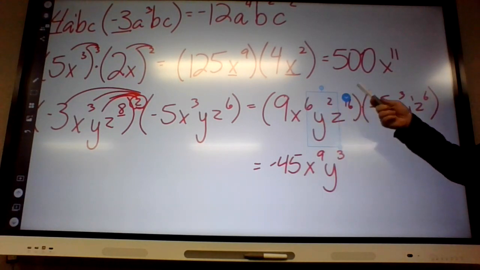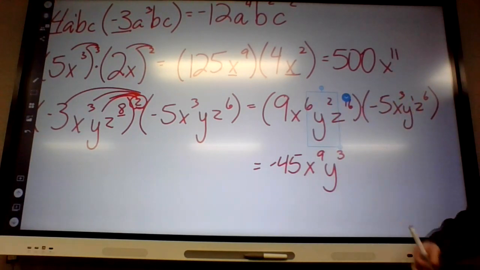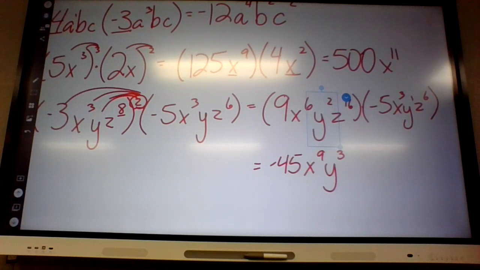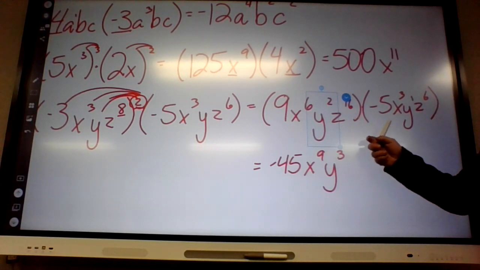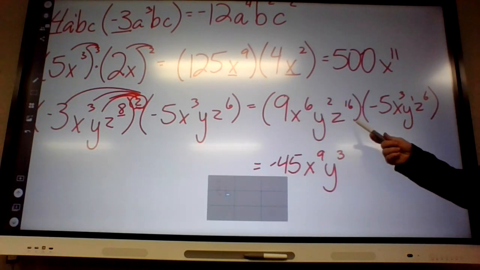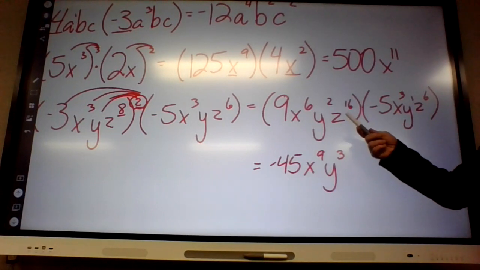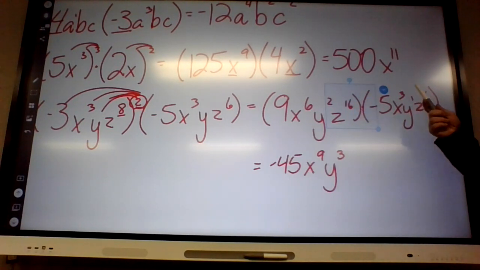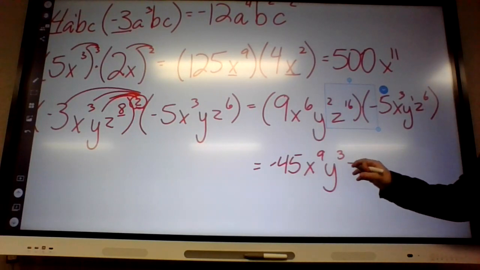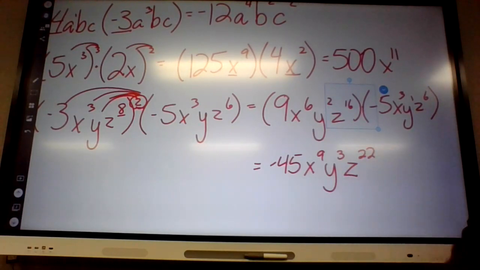It's y times y times y, so it's y cubed. So it must be number 4. I'm not going to go back and reteach it. I might reteach it after I get done if more people come in. Okay, z to the 16th times z to the 6th is z to the 22nd.